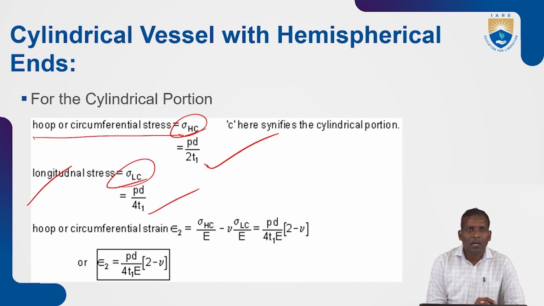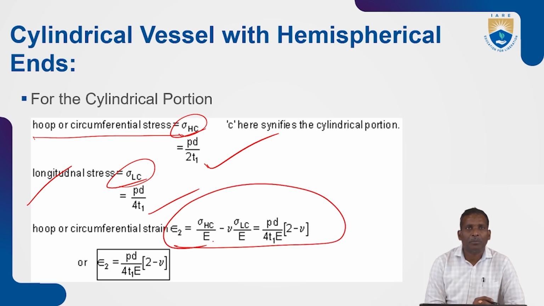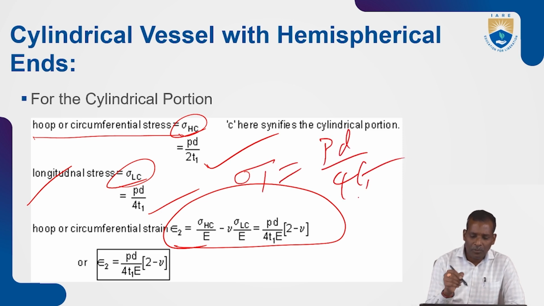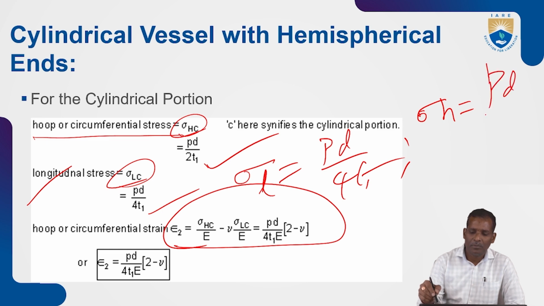We derived these in the previous session: longitudinal stress sigma_L is PD by 4t1 and sigma_H is PD by 2t1.